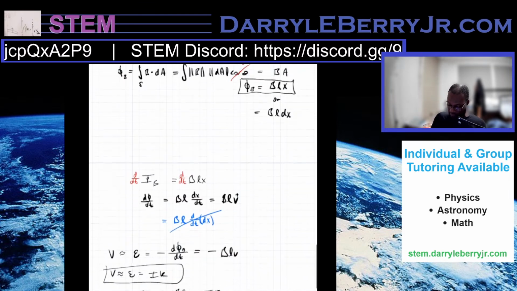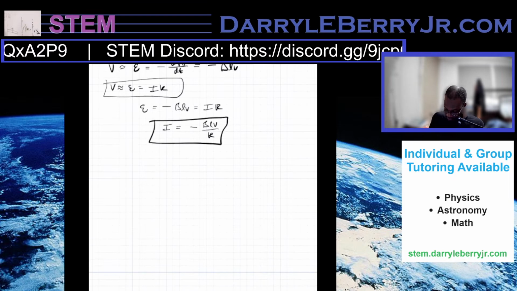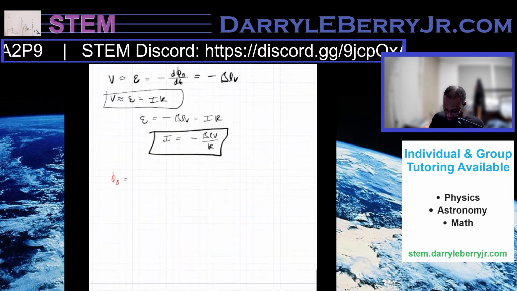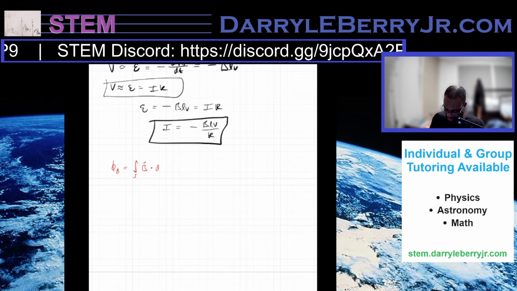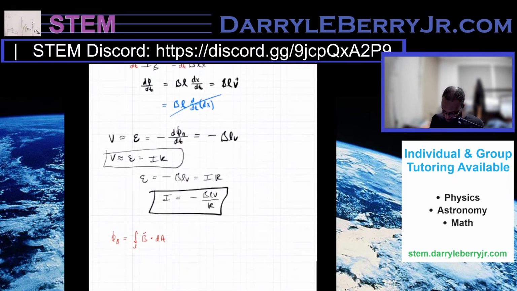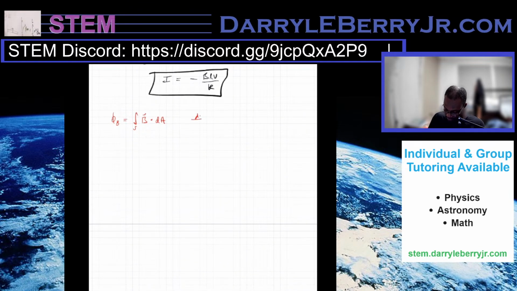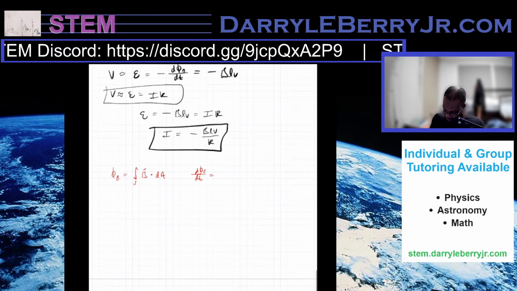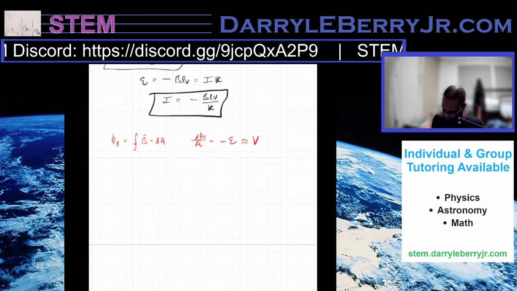The equations that we use: magnetic flux equals the integral over an area of the magnetic field dot the area. We use the fact that the derivative of magnetic flux is the negative of the electromotive force, which is similar to voltage.